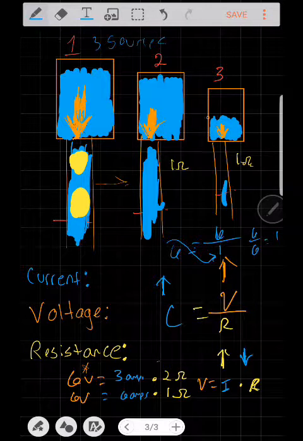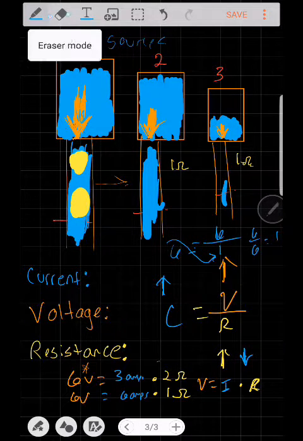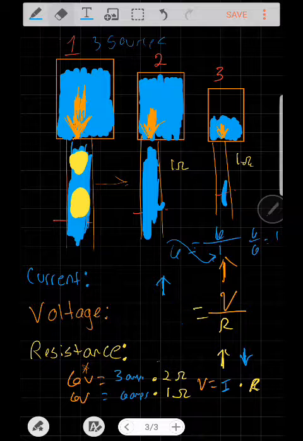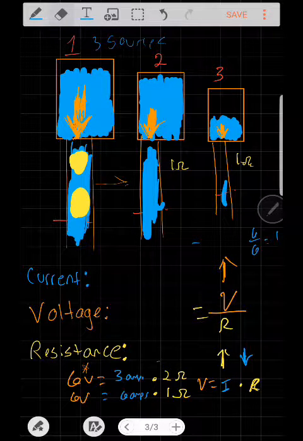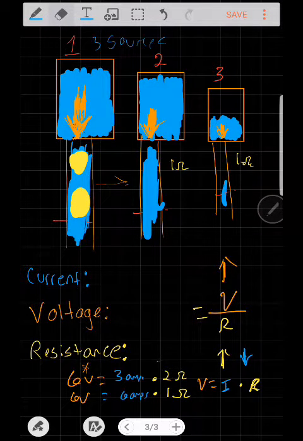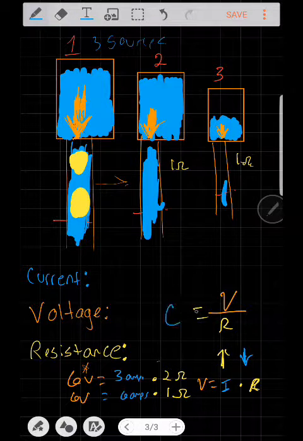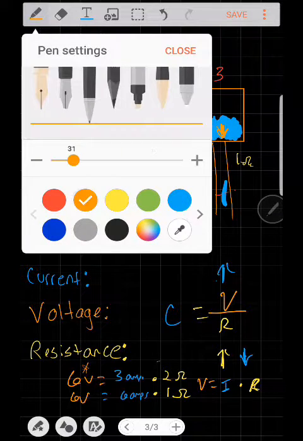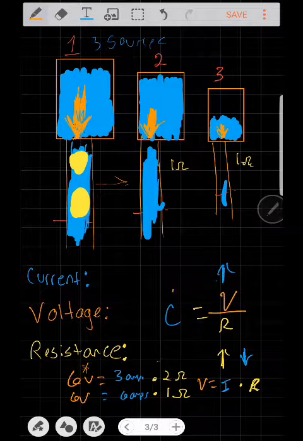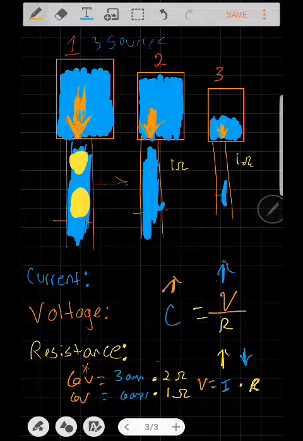And then finally, the last way we can arrange this equation is by rearranging this part right over here. Okay.